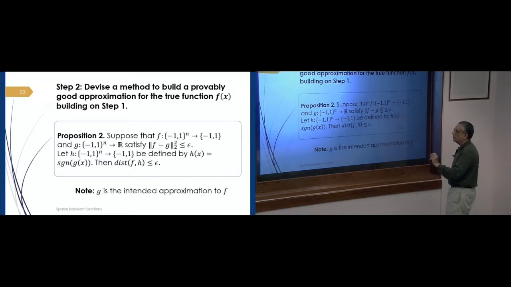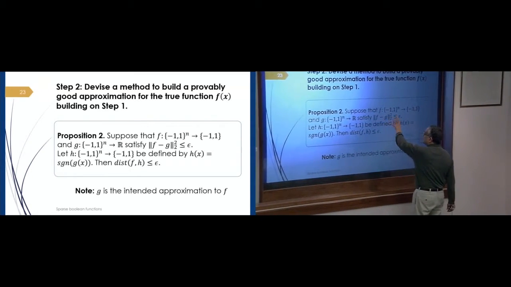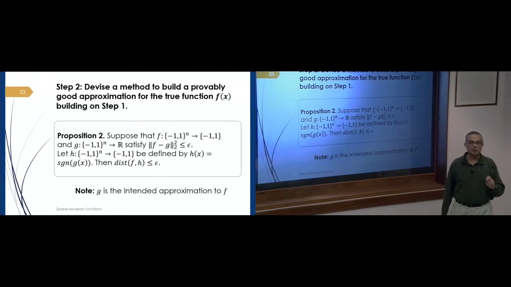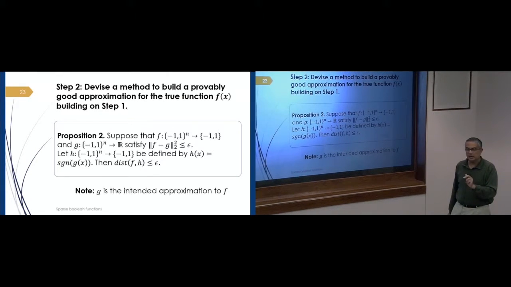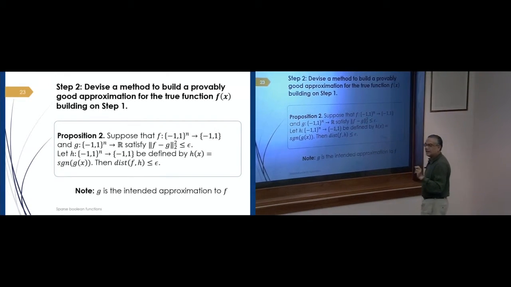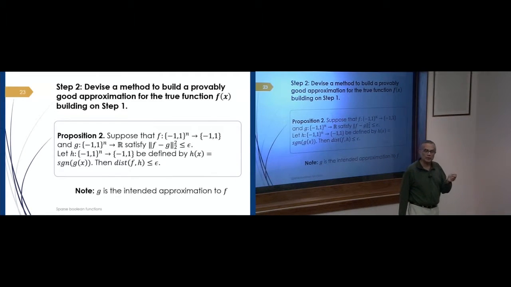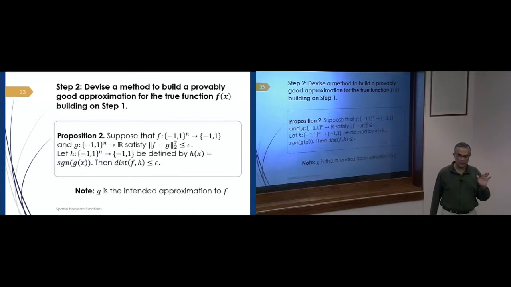Then let us also suppose that the distance between f and g under the L2 norm is less than or equal to epsilon. I just want to make a side comment we'll come back to later. We are slightly duplicating the symbol epsilon to mean different things. In the main theorem, we had a meaning for epsilon.